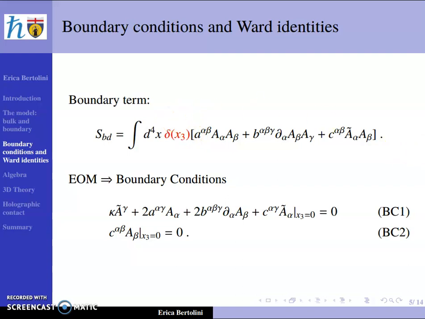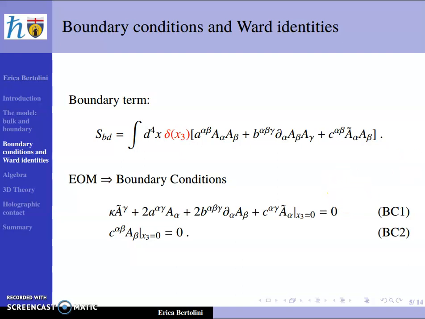Now we have all the pieces to compute the equation of motion of the theory, and from this we can extract, by using a variational principle, the boundary condition of the theory. The first observation is that, in this case, the boundary conditions are not put in by hand, but it is the theory itself giving us these boundary conditions.